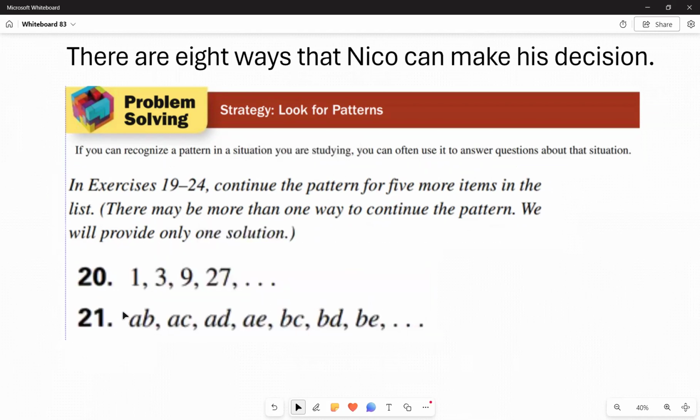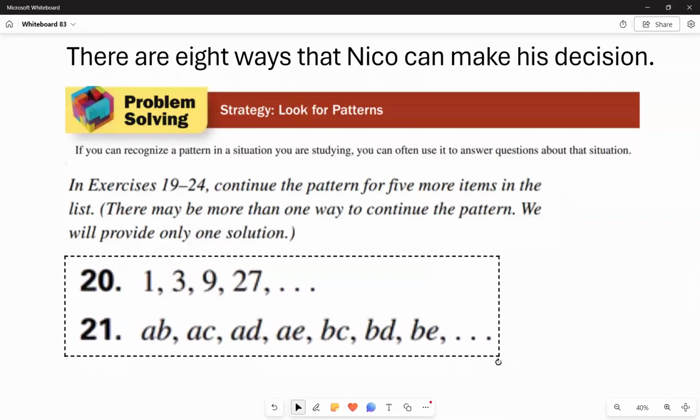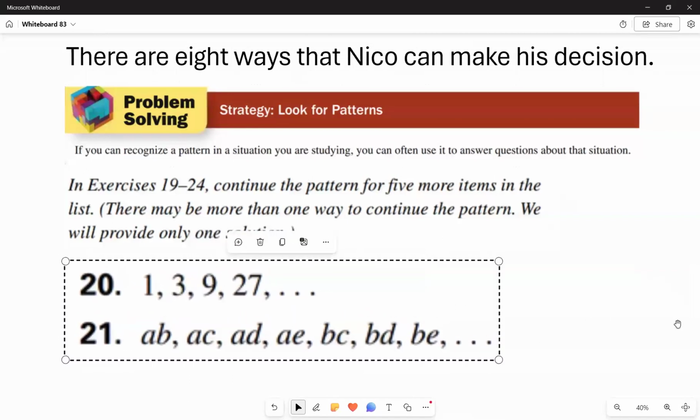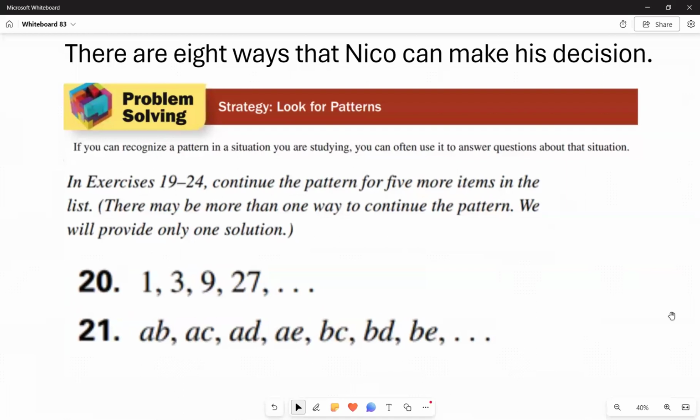Some of these problems have more than one solution. Not all of them, but some. I'm taking this from page 15. In the next two exercises, continue the pattern for 5 more items in the list. There may be more than one way to continue the pattern.